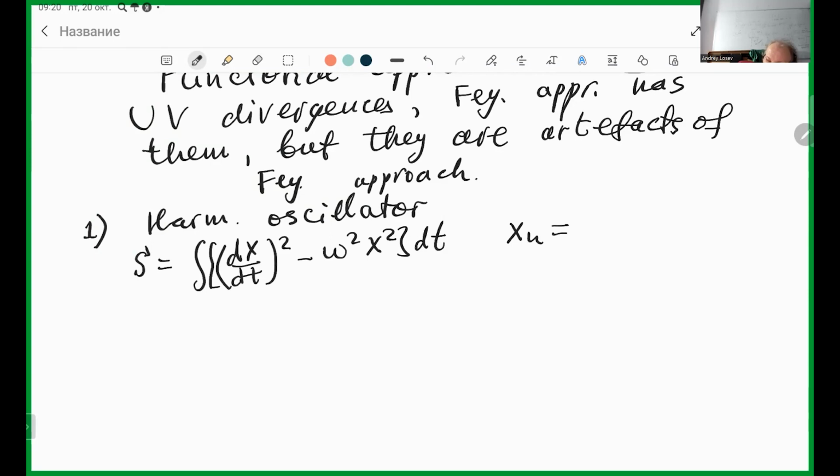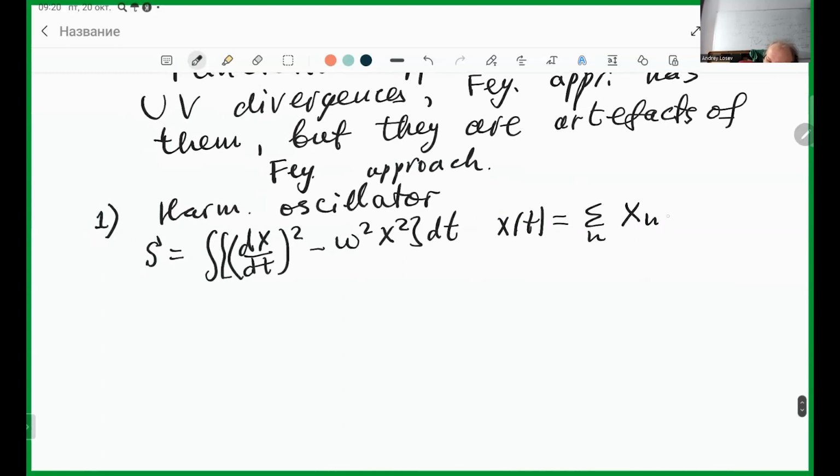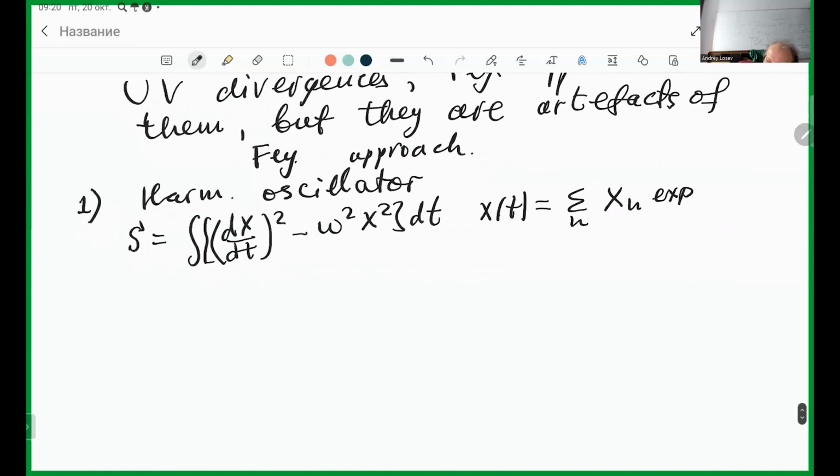Xn, sorry, x of t is sum over n, xn exponential i t over t n.